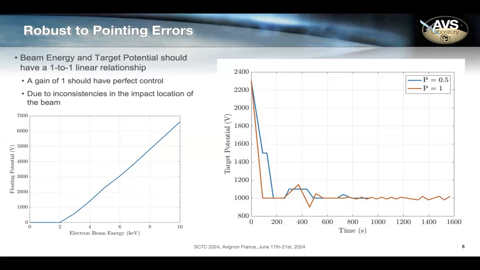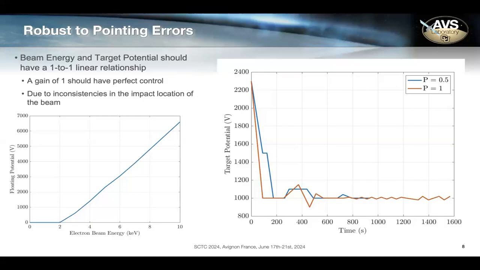But then with the more refined sweep, we find that we're actually at about 1180 volts. So the control decreases the electron beam energy by 180 volts, but the target potential decreases to about 900 volts. So decreasing the energy of the electron gun by 180 volts decreased the potential of the target by more than 200 volts. And we do see that later on we're able to converge to the desired solution.